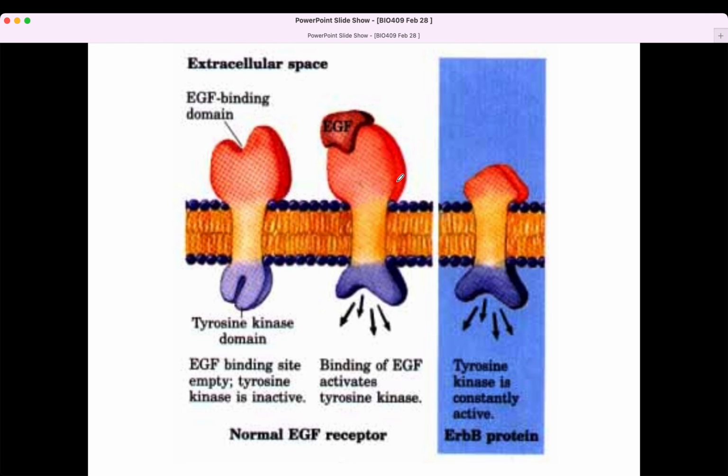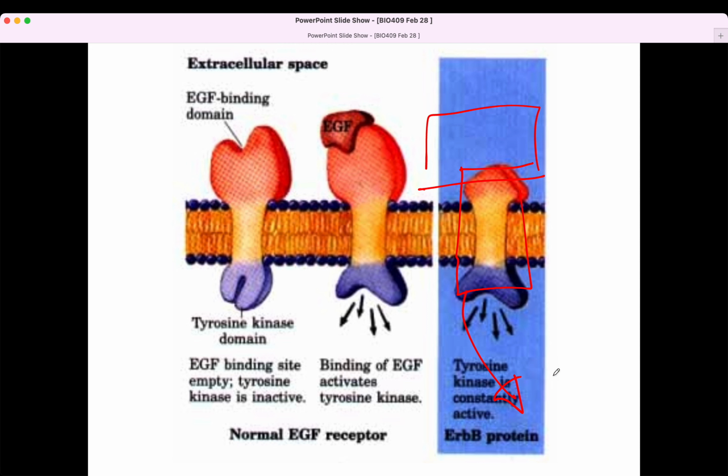Okay, so here's a graphic to show the EGF receptor, or ERB-B receptor like that, and it could get mutated. And this one is just weird, where if it just loses this part, it is constantly activated. And that happens in that oncogenic retrovirus. That's how it was first discovered, where it picks up a piece of the coding region for the ERB-B EGF receptor gene. And that retrovirus puts that in the host cell, and it just is active.